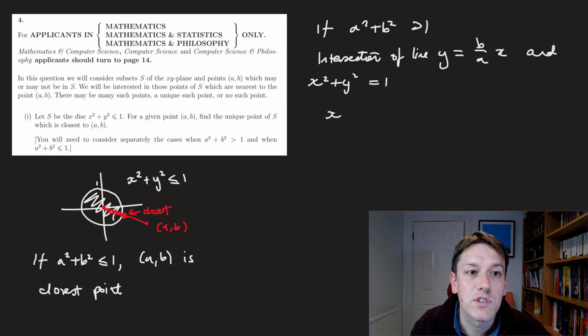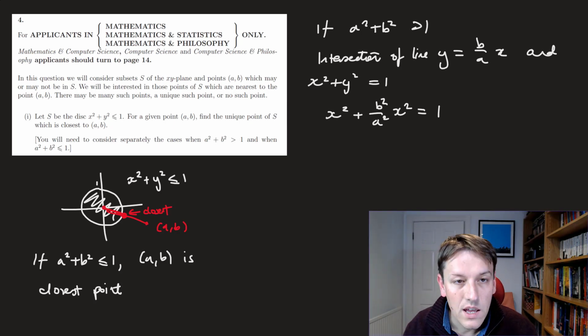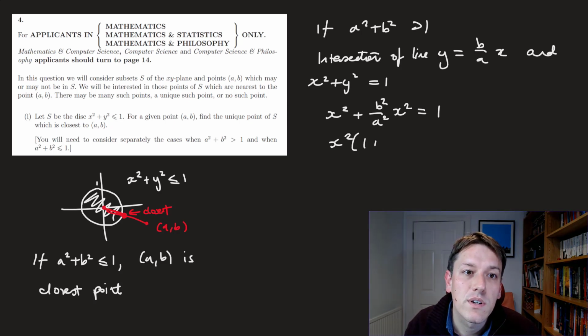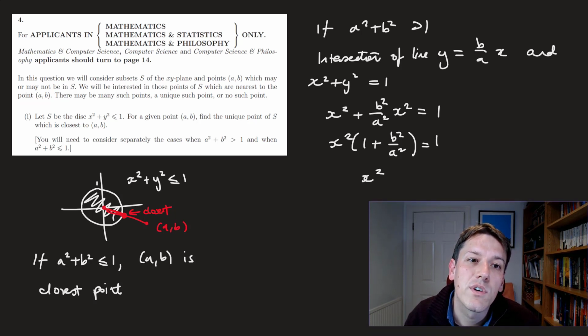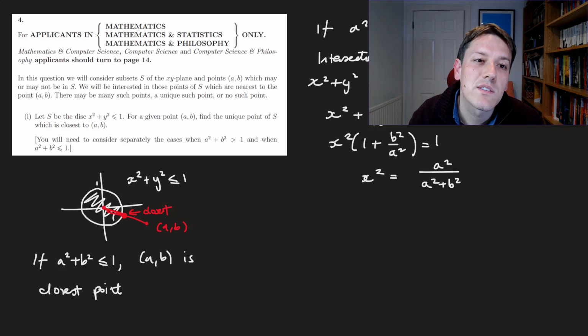If we substitute that in, we get x squared plus b squared over a squared, x squared equals 1, and so x squared times (1 plus b squared over a squared) equals 1. So x squared is going to be equal to, if I put this into a single fraction, a squared plus b squared over a squared, so we're going to have a squared over a squared plus b squared.